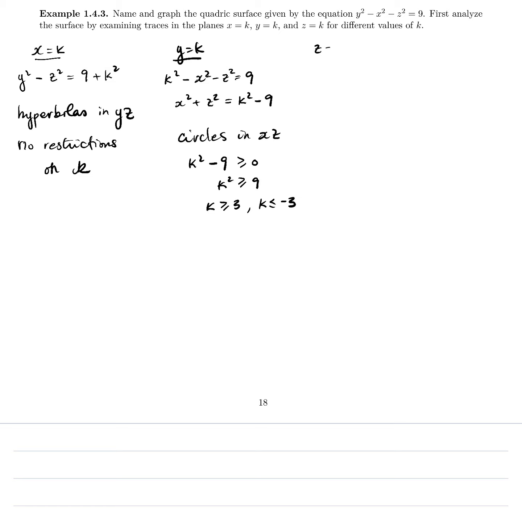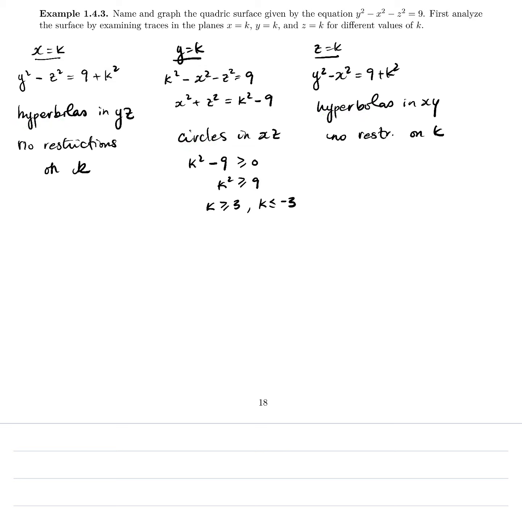Lastly, in z equals k, we are going to get y squared minus x squared is equal to 9 plus k squared. Again, we have hyperbolas, this time in xy. We have no restrictions in this direction on k.